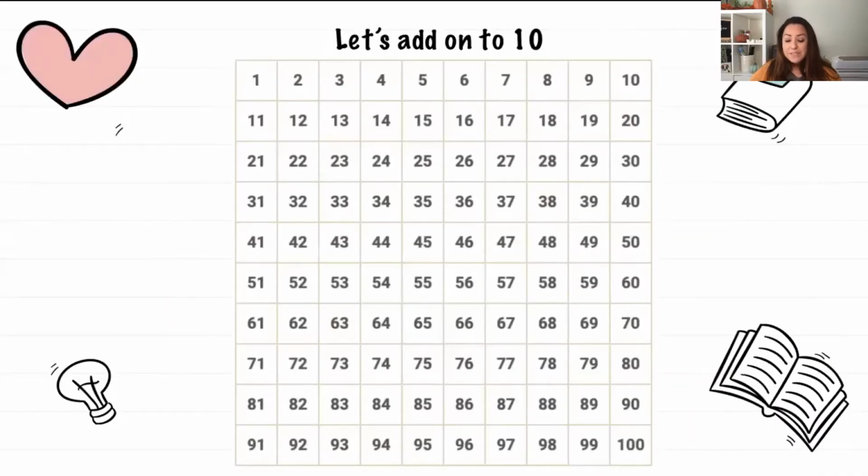But what happens if we need to add on to 10, okay? Now, I'm going to go ahead and circle our number 10 right here. I'm going to go ahead and just circle our 10 with yellow right there. Now, we can add on to 10 really easily, but we're going to kind of stick around in these numbers right here in this row, okay?